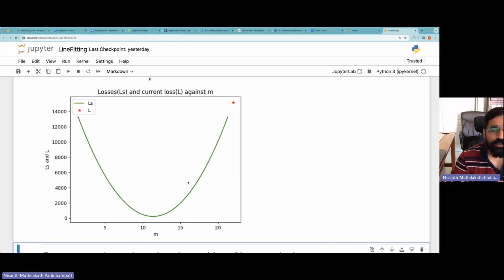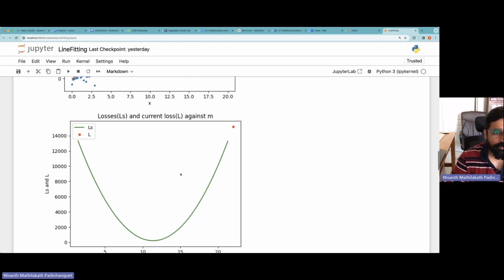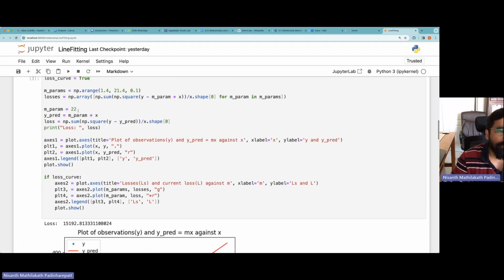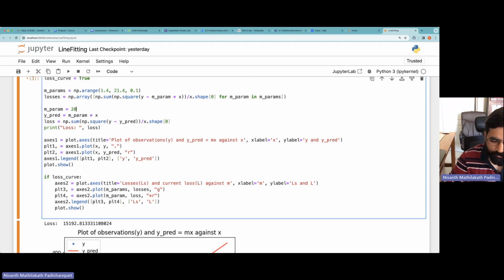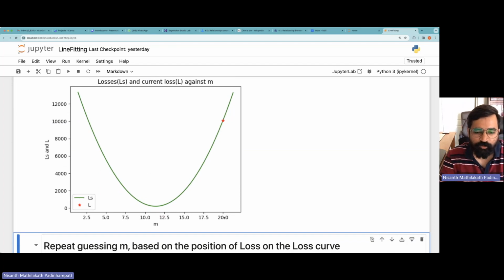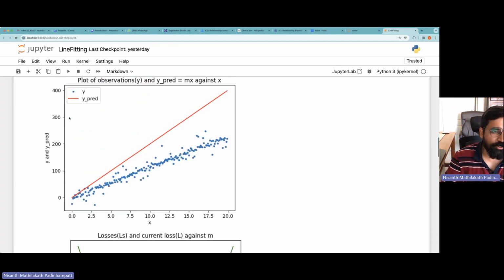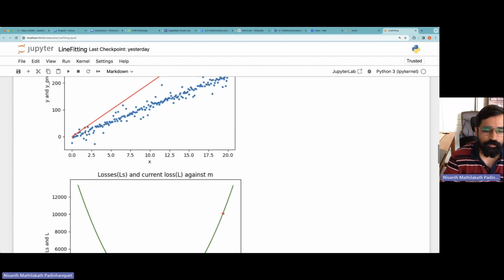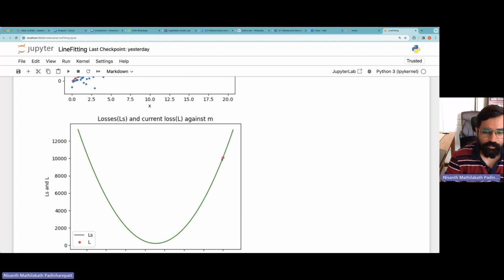So suppose let's do 20. It has gone out of the bound. So 20. Let's see. If m is 20, this is going to be the loss, something like 10,000, 12,000. Yeah, it is around 10,000. So we got a loss like this.